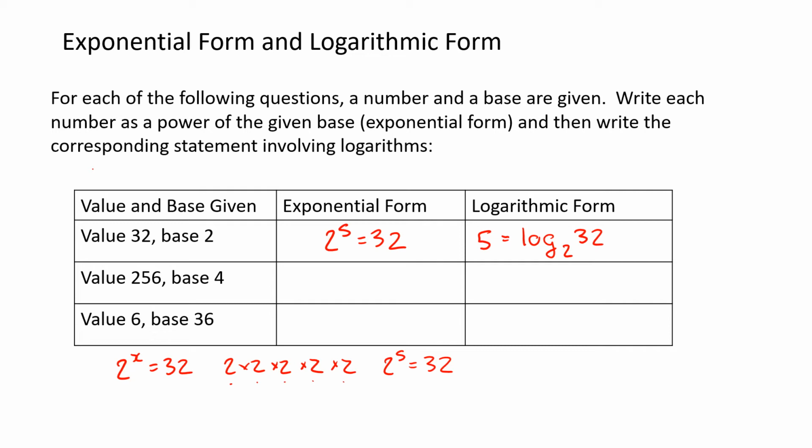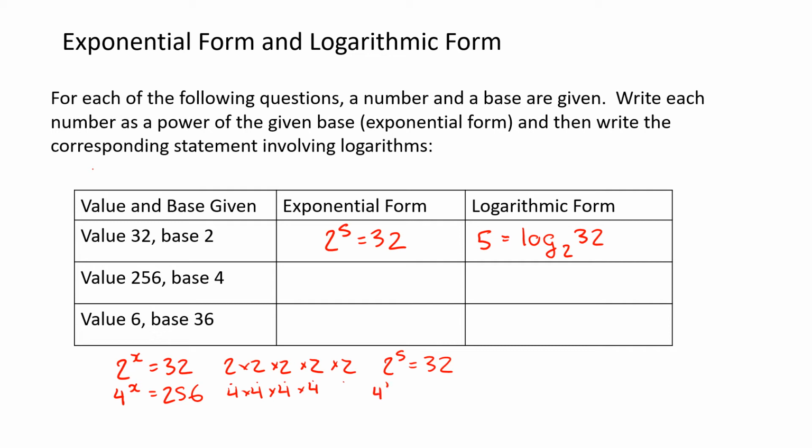For the second example, we have the value of 256 and the base of 4. So that means 4 to some exponent x has to equal 256. So 4 times 4 is 16. Times 4 is 64. Still not there. Times 4, you can do this in your calculator, or if you can do it in your head, great. So 64 times 4 is 256. So we've arrived at it.